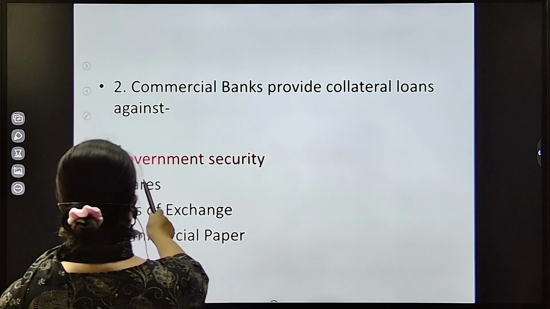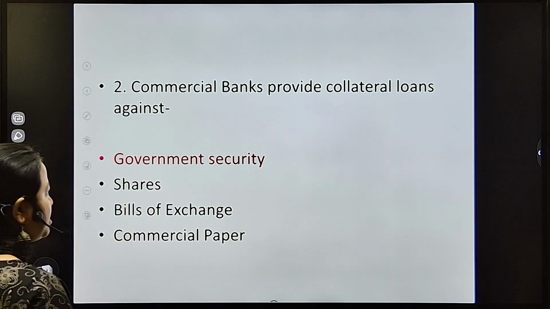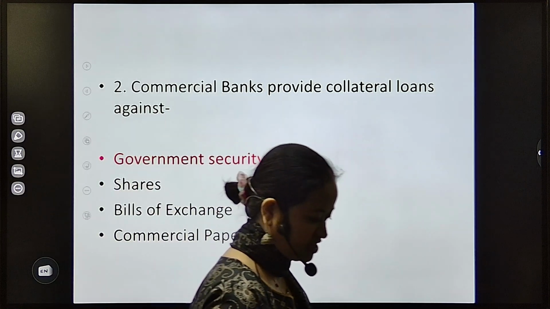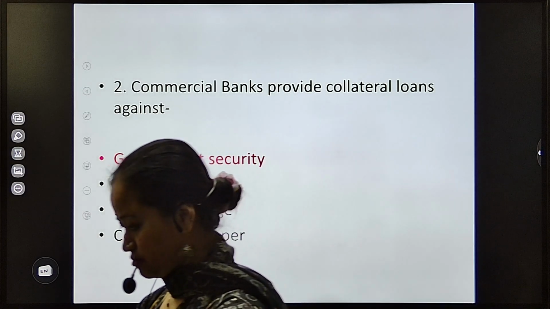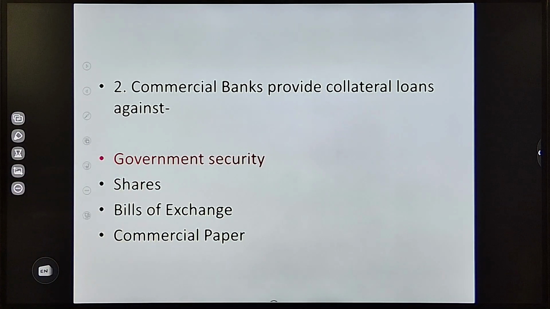We have the options shares, bill of exchange, commercial paper, and the right option is government securities. Done? Have you all written?